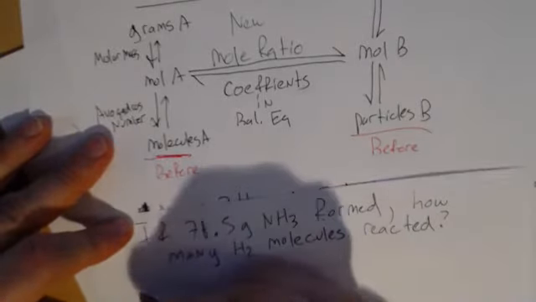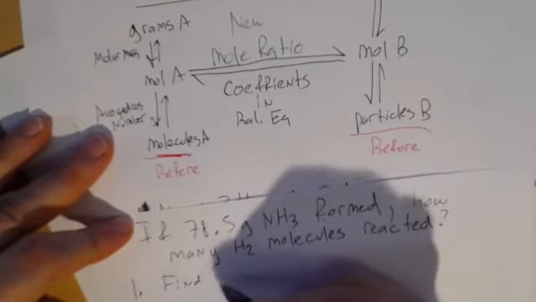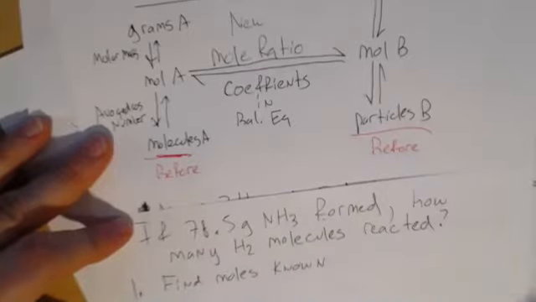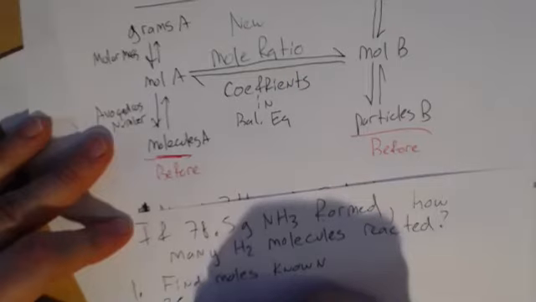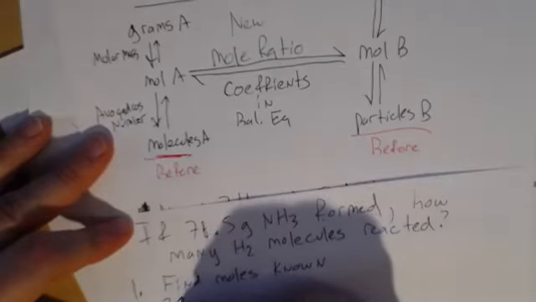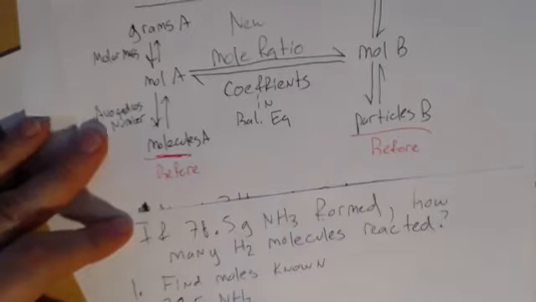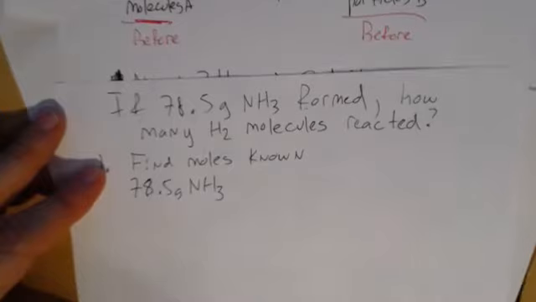So the first step would be to find moles of the known. How can I do that? I have 78.5 grams of ammonia. Is it okay if I give you the molar mass of ammonia, or do you want to see that calculation also?